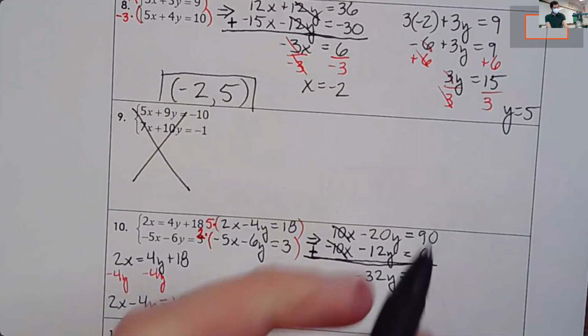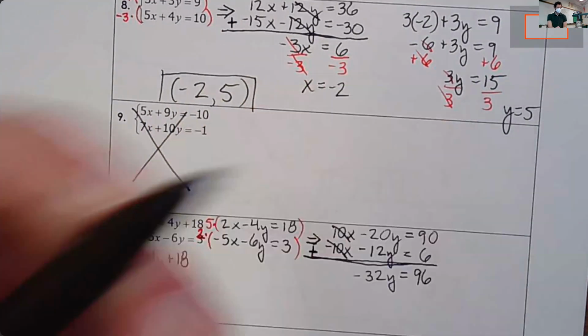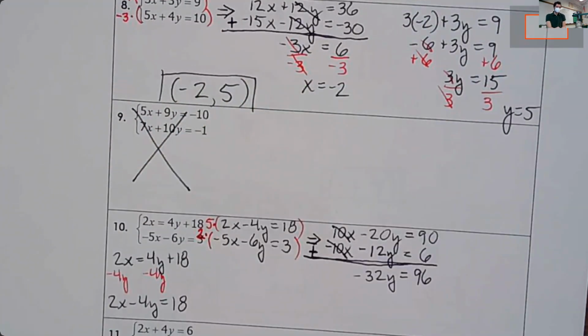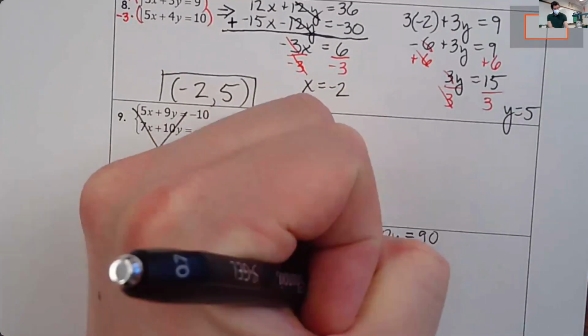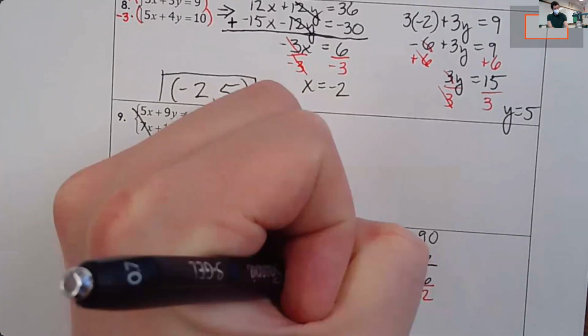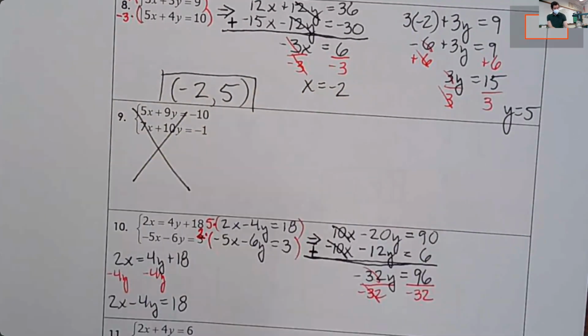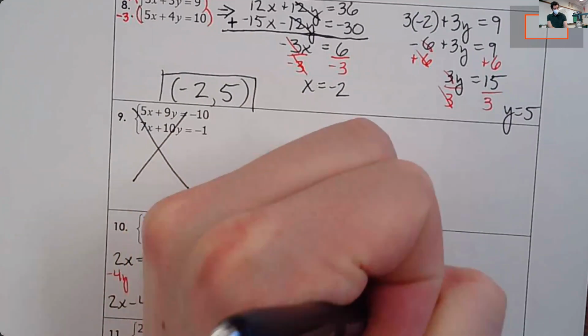And then 90 plus 6 is 96. So we got negative 32y equals 96. We'll divide both sides by negative 32. And we get a whole number, and it's negative 3. So y equals negative 3.